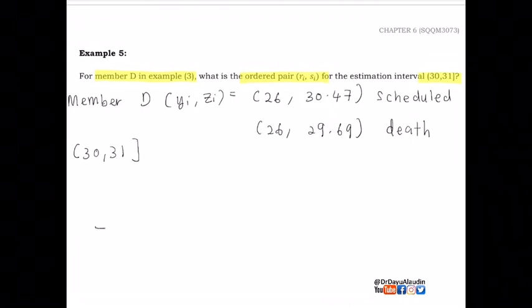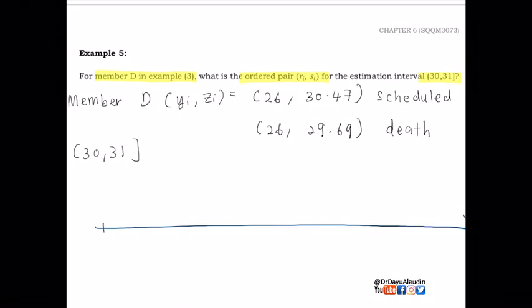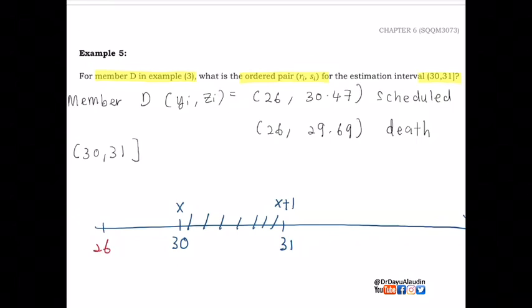So how to determine the RI and the SI for this estimate? Okay, let's draw the timeline. The entry age, the interval estimate between 30 to 31. So this is the interval estimate. So the entry age YI is 26. So we have two ZI here. So we try the first one. So the schedule one, ZI is 30.47, somewhere here.